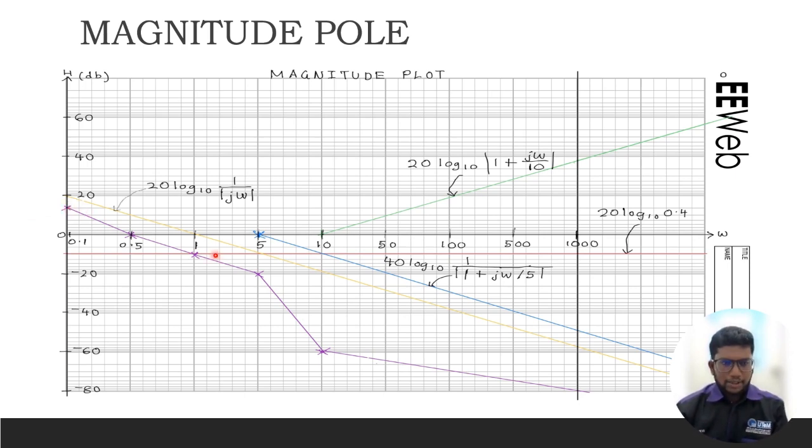So this purple line in the graph is the resultant value. First I plot the gain value, between 20 to 0.1. Then the next resultant is the yellow line and the red line, between them, so it touches 0.5, so I plot it.